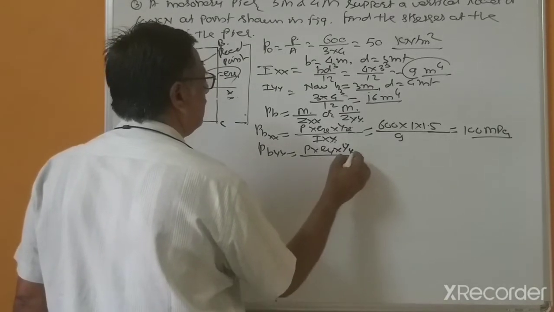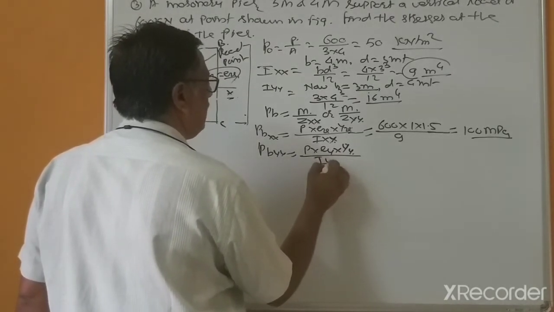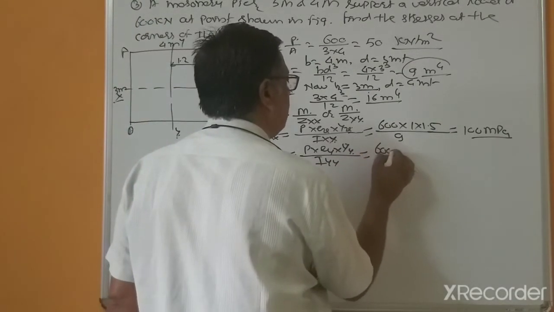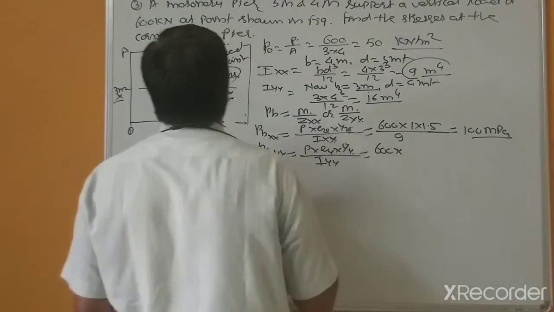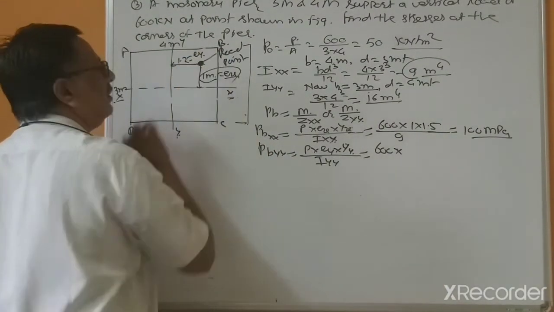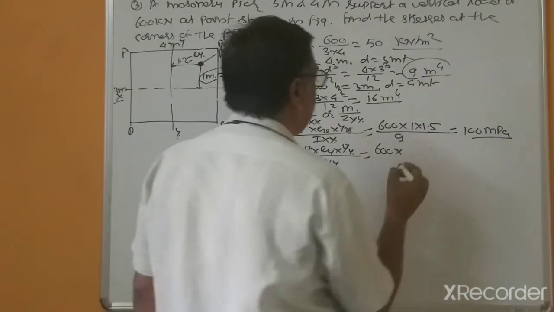So P is again 600 kilonewton multiplied by distance Ex, and this is equal to Ey, that's why 1.2.